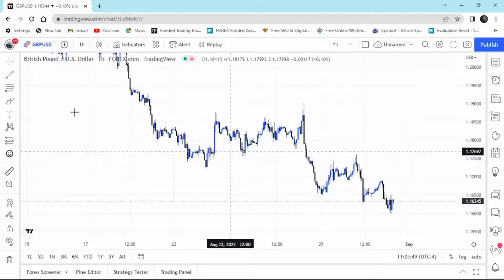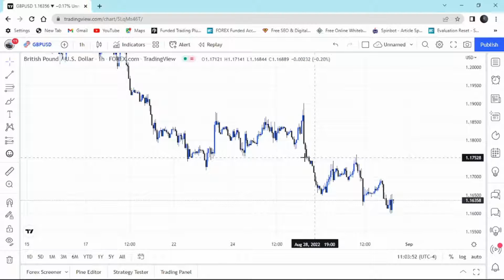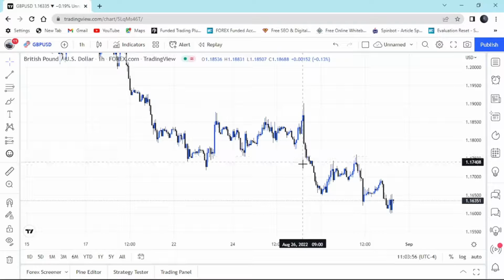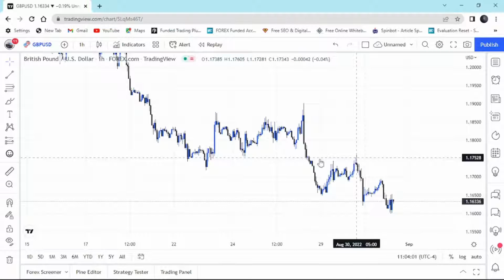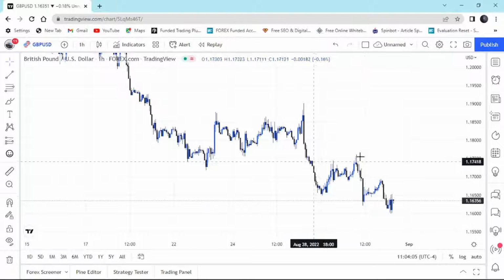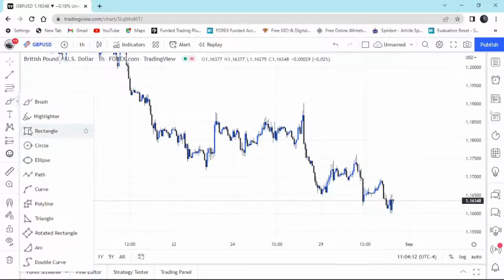And so if I'm using here as a key level, as a structural point of reference, and want to see price trade back into this area, and then I short it. So I have that in mind. Let's mark it up and see. Rectangle.